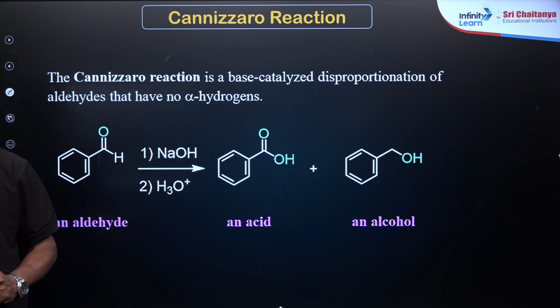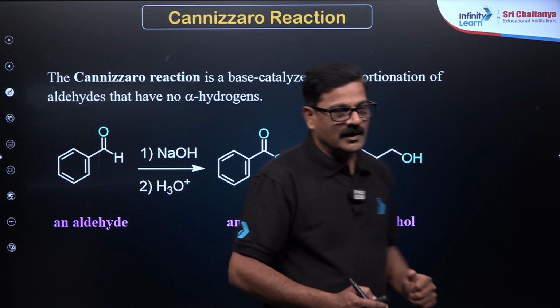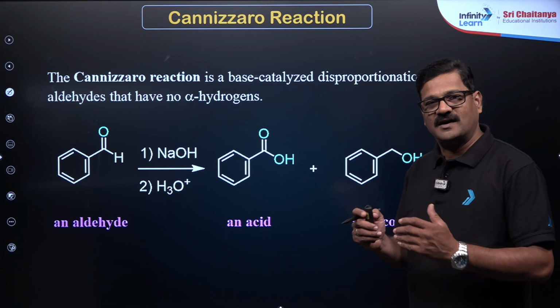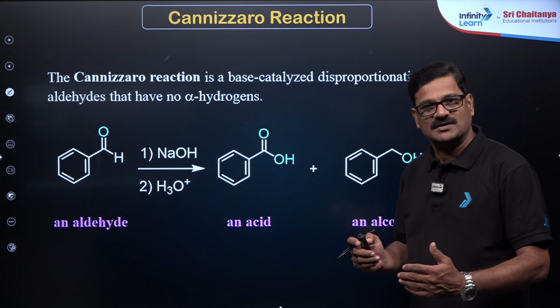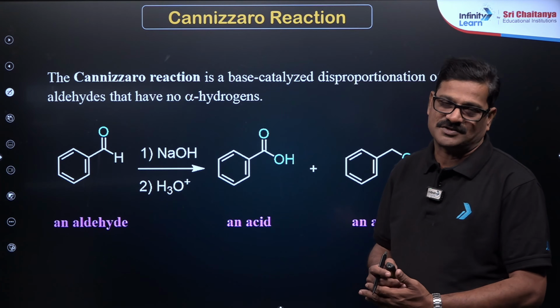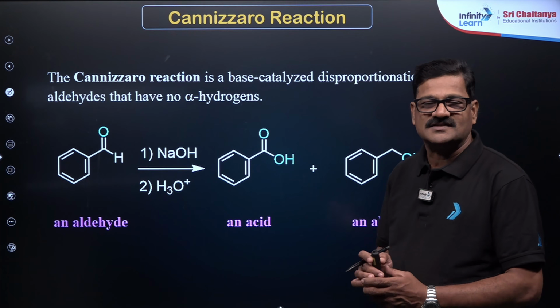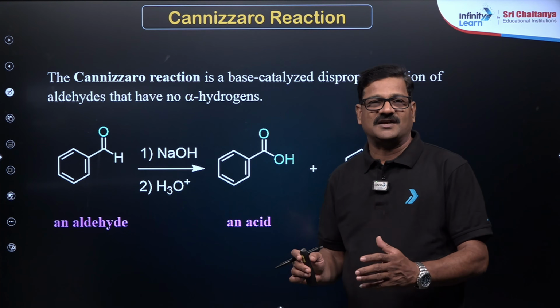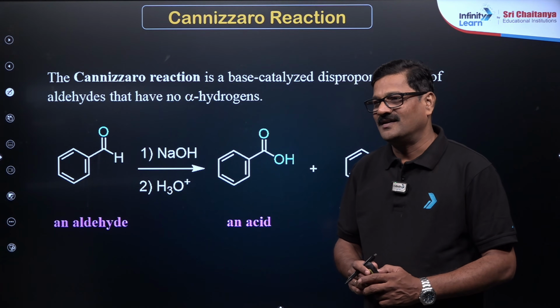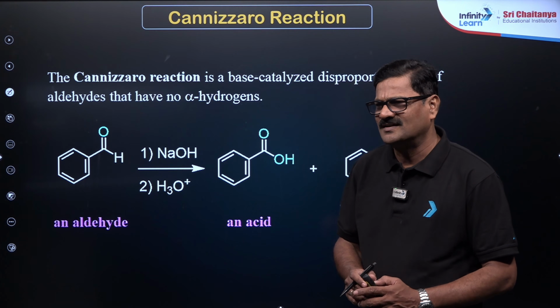So Cannizzaro reaction means an aldehyde without alpha hydrogen, when treated with concentrated alkali, undergoes self-oxidation and reduction, or you can say disproportionation, and this reaction is called the Cannizzaro reaction.